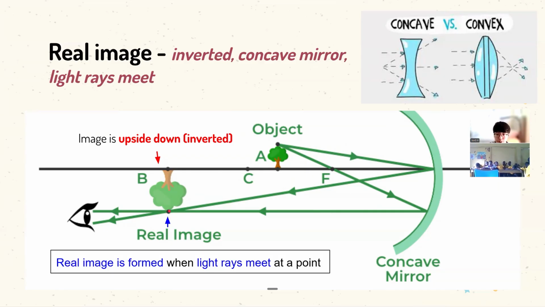But that real image is upside down. So the light from the object bounces from the concave mirror and converges to a point, and that point is where we can see the real image.